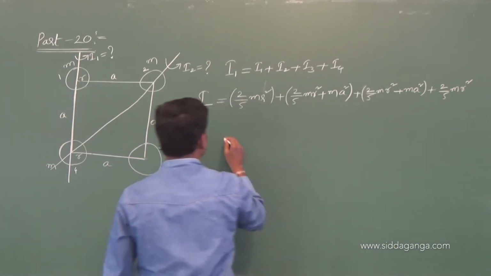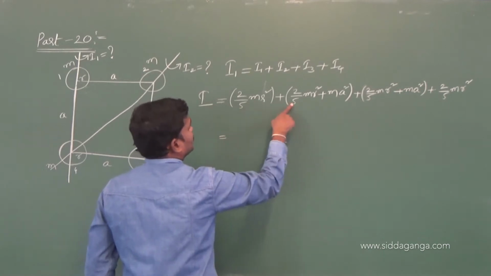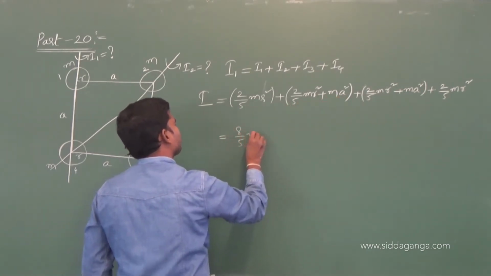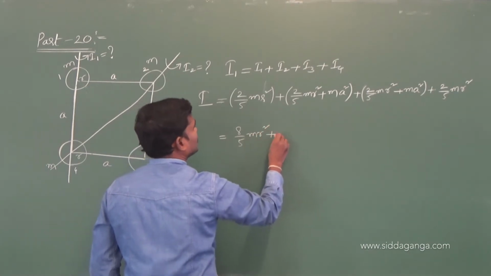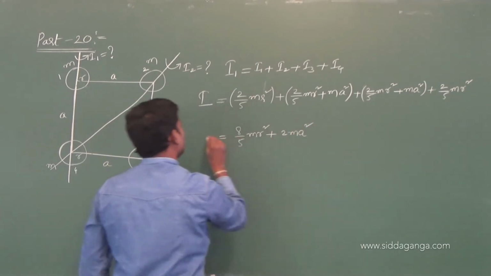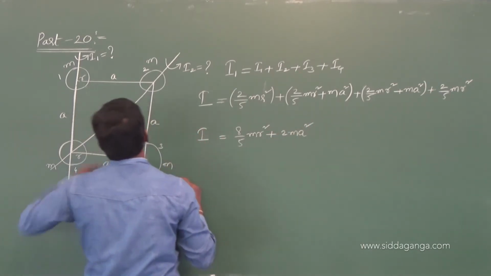Then the answer is 2 by 5, 2 by 5, 2 by 5, 2 by 5, 8 by 5 m r square plus ma square, ma square, 2 m a square. So this is the moment of inertia of this one, I1.